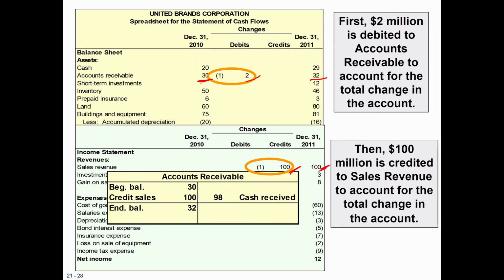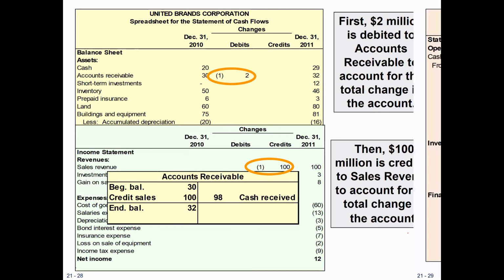So instead of putting it down in the spreadsheets, let me just write it down. Just copy those: accounts receivable for 2, sales revenue for 100. And the last item is the cash. We figured out this one has to be 98. This is the summary journal.